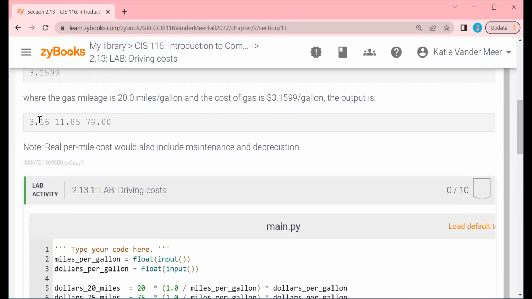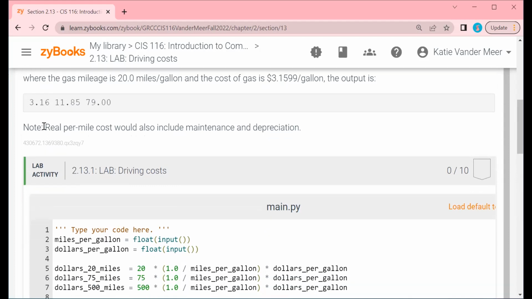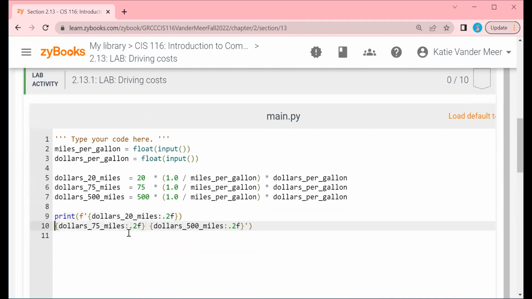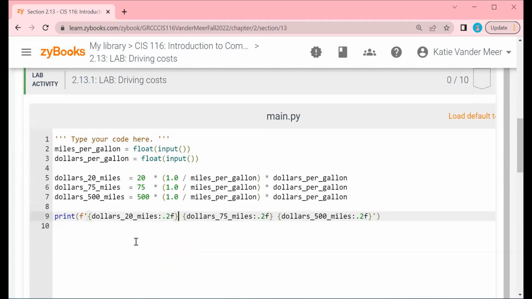Well, it gives us an example: 3.1599 changes to 3.16. So I see that's 2 to the right of the decimal. Got it. And if I wanted to round it out to 4 decimal places, then I would put .4F.